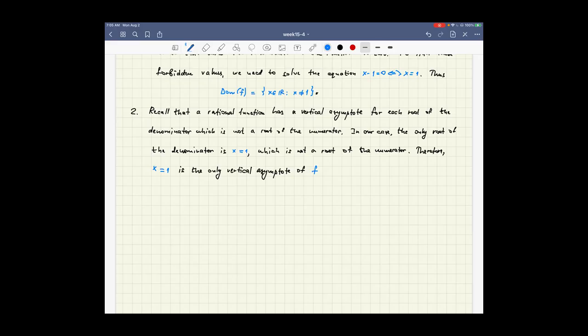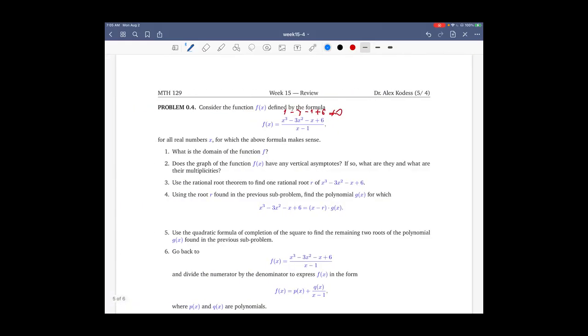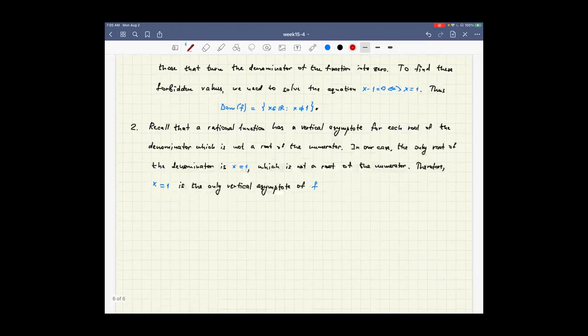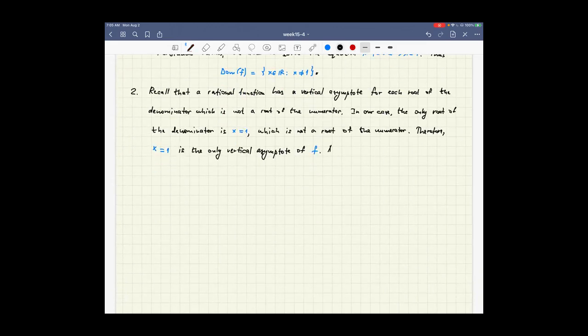Now, what about its multiplicity? Because x minus 1 is raised to the power 1 in the denominator, it will be of multiplicity 1, and most importantly, our function f will change its behavior near 1.